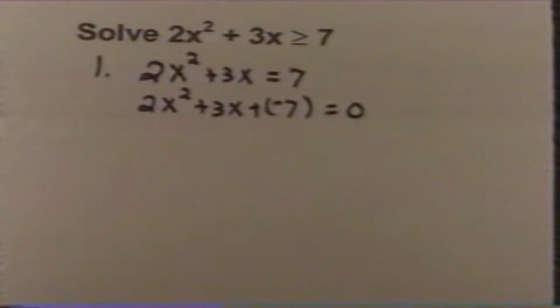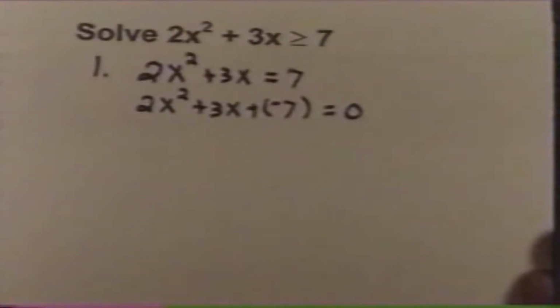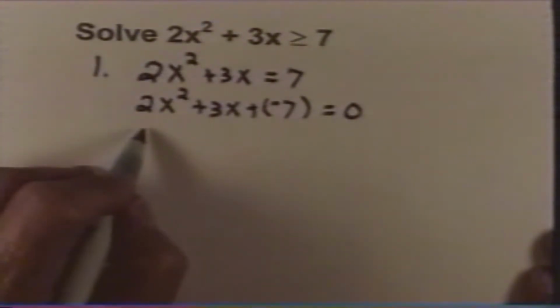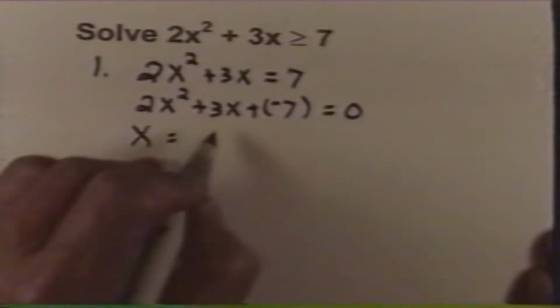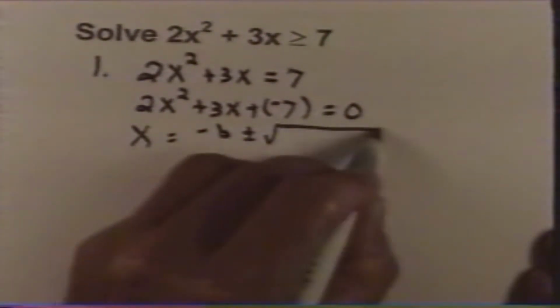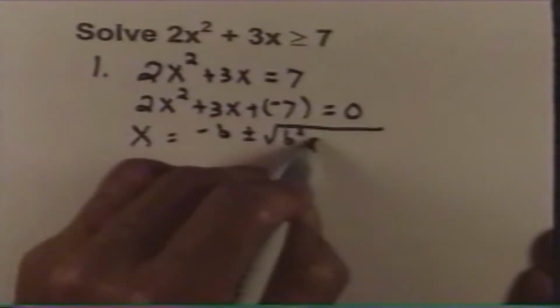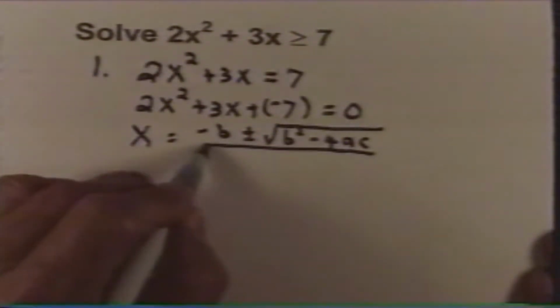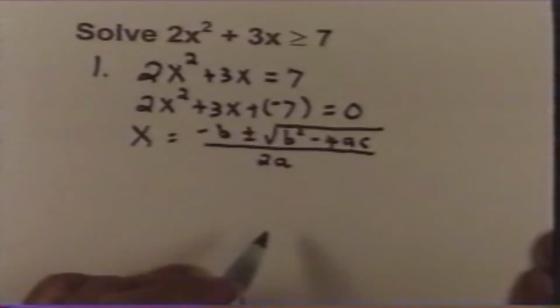The next step would be to factor if we could. But this one I don't think will factor, or at least if it does factor, I don't know the factors quickly. So let's use the formula. We know the formula is x is equal to the opposite of b plus or minus the square root of b squared minus 4ac all over 2a.